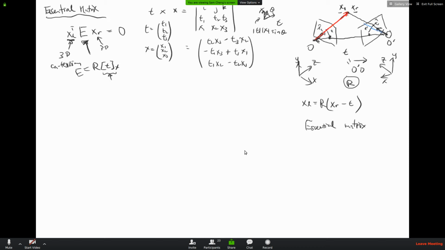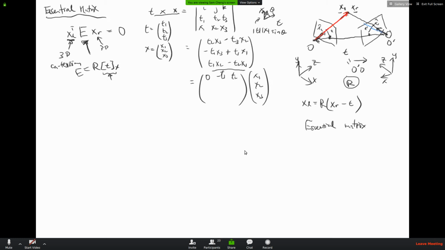Okay, let's go back to here. I have T cross X equal to this, and I can write it in the form where this is X1, X2, X3 multiplied by some matrix. The matrix will be 0, minus T3, T2.